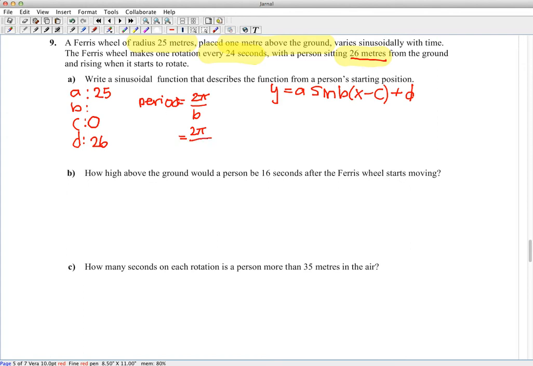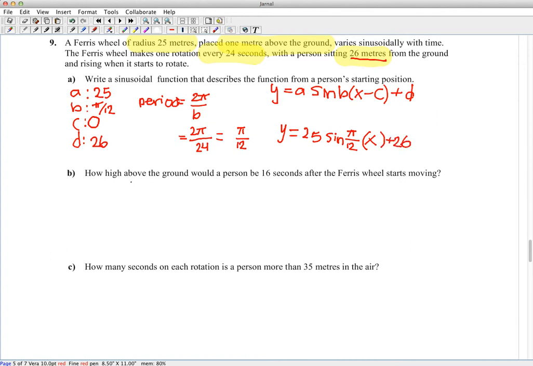So we're going to do 2 pi over 24, which equals pi over 12. So now that we have this information, we can put all of that in to make this equation full: y equals 25 sine of pi over 12 x plus 26.